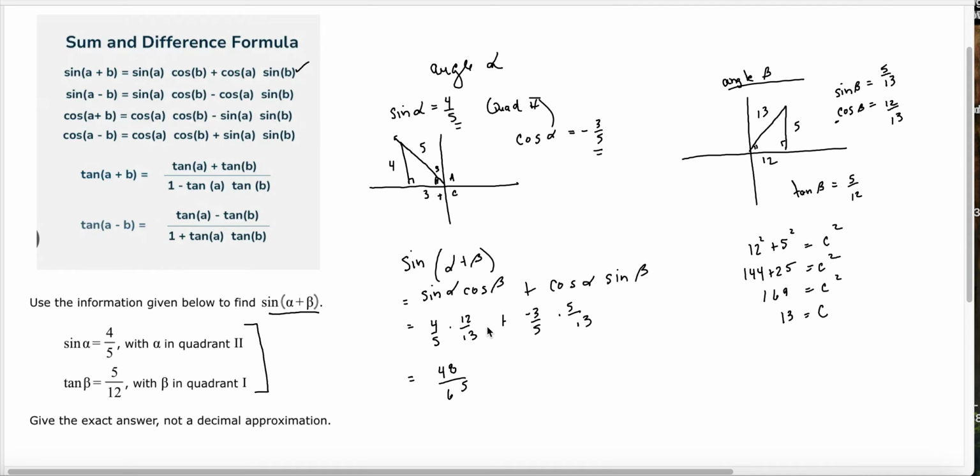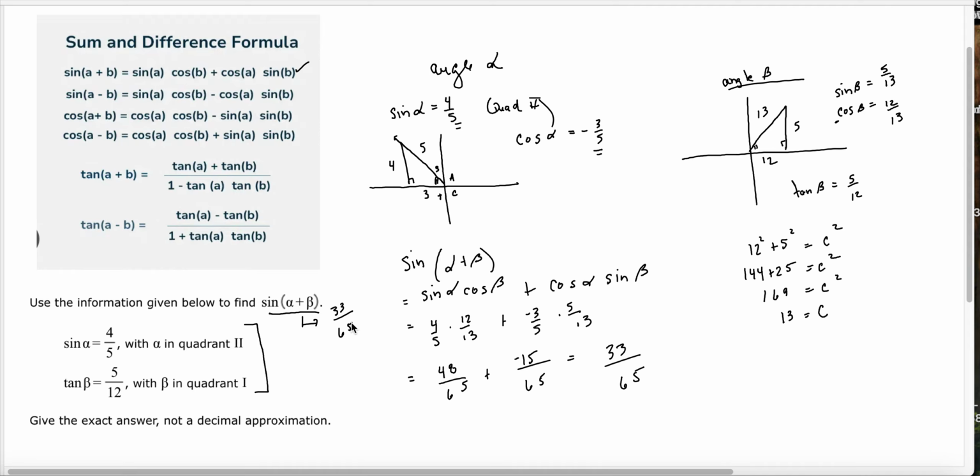And then to that, we're going to add -3 times 5 is -15, and again, 13 times 5 is 65. So 48 and -15 is 33, over 65.